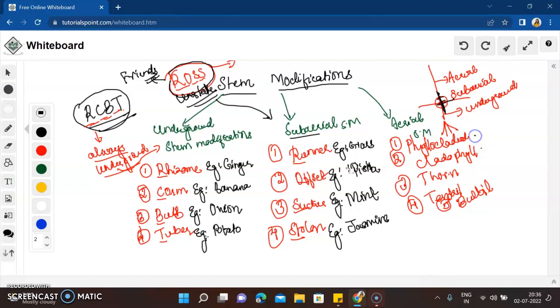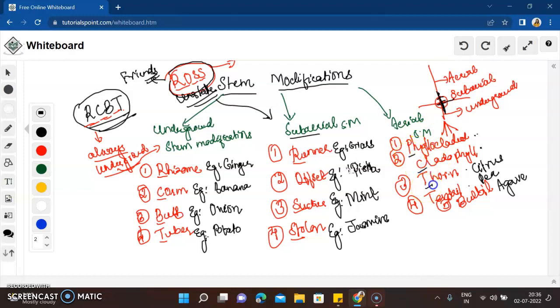Examples you already know: phylloclad example, cladophyll example, thorns you can see in citrus, right? All the citrus fruits, tendrils of pea, beans, all the legumes, and bulbil of agave, all these are important examples, right, children? And phylloclad you can see in asparagus and all these plants, right?